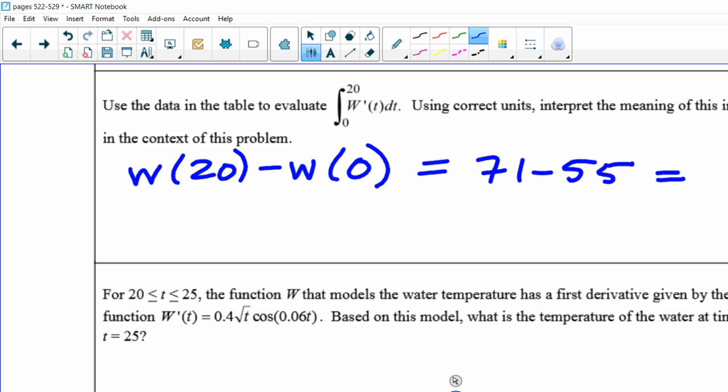Is that right? Hmm? 16 what? What does that mean?